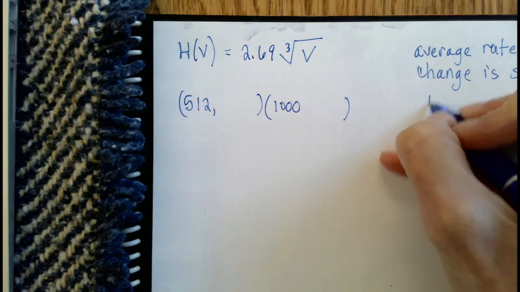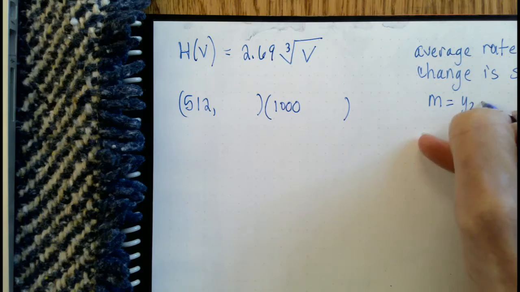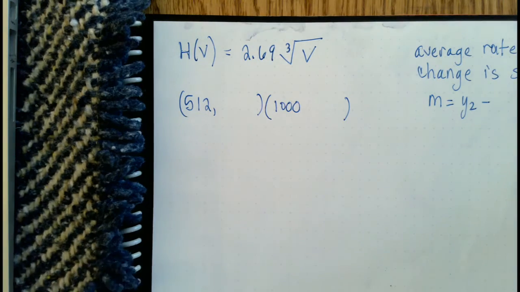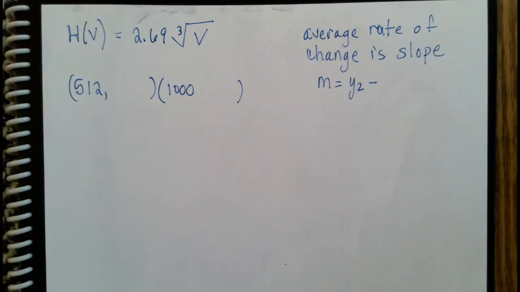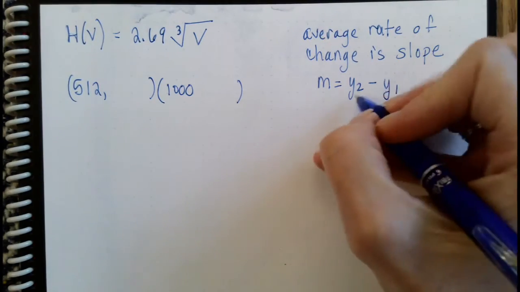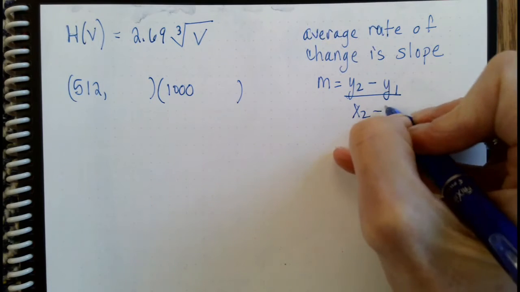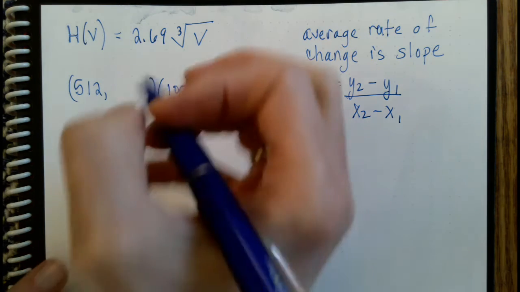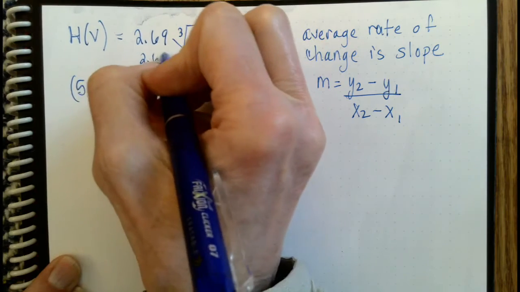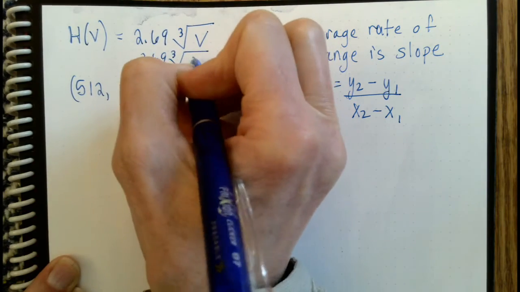And the formula for slope is y sub 2 minus y sub 1 divided by x sub 2 minus x sub 1. The average rate of change is slope, something important to write down. And by the way, when we type this back into Desmos, I'm going to type in 2.69 times the cubed root of x.